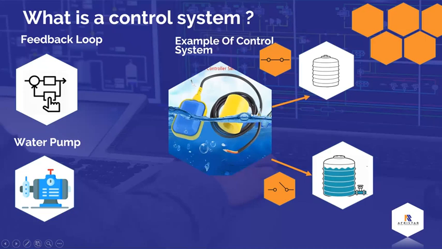Then it will send a signal to the water pump, and the float switch will turn off the water pump and water will stop flowing. So that is an example of a control system.